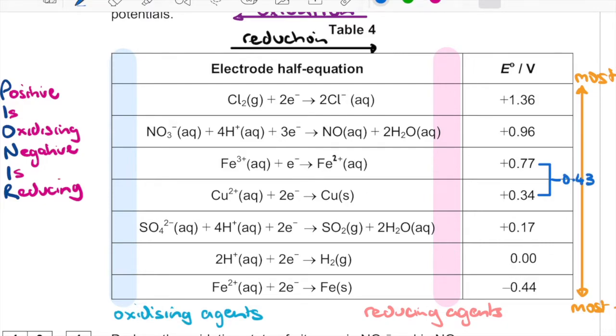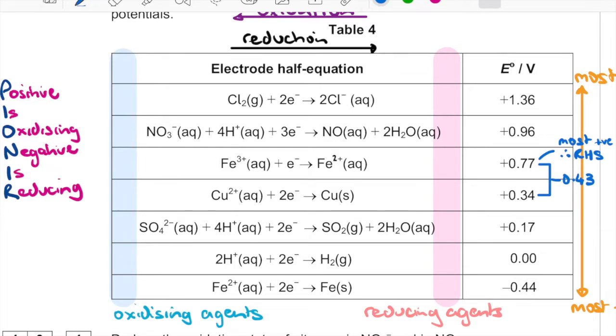Now, when it comes to writing our cell diagram, given that we have an overall electrode potential of 0.43, that means it's done as it should be, which means that the right-hand cell must be the most positive. The only exception there could be is if you had a standard hydrogen electrode, in which case that is always the left-hand cell.